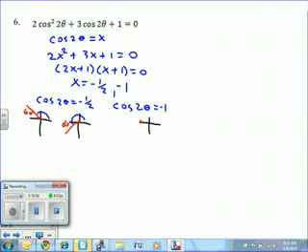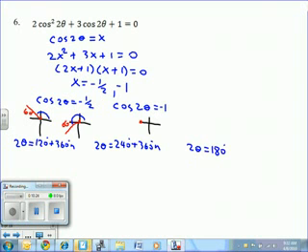I've got a bunch of different things here. I've got, is it 2 theta? 2 theta equals 120 plus 360n. I've got 2 theta equals 240 plus 360n. And I have 2 theta equals 180 plus 360n.